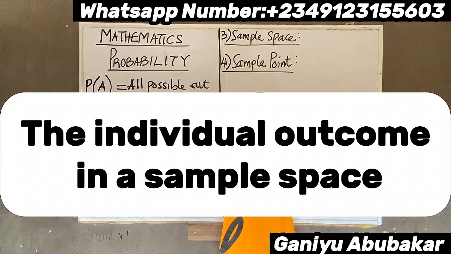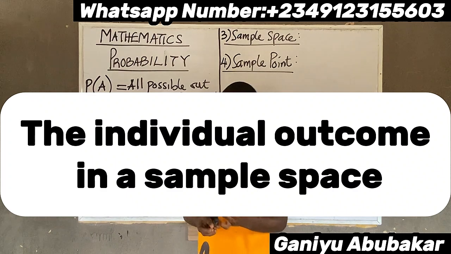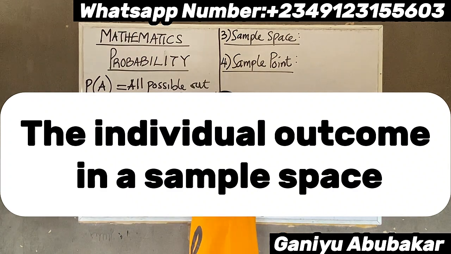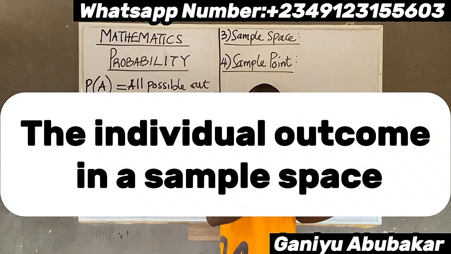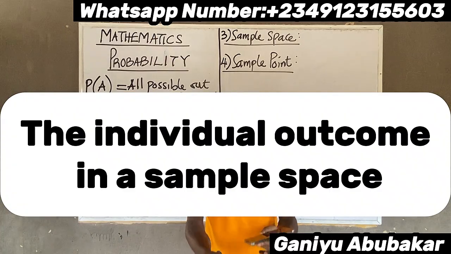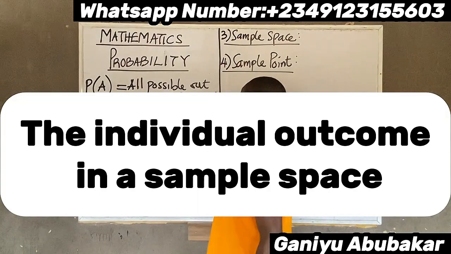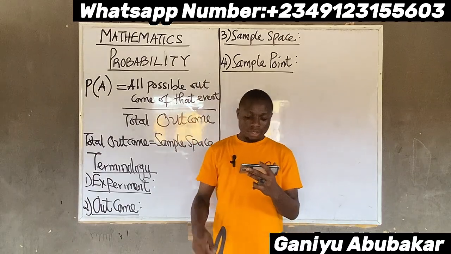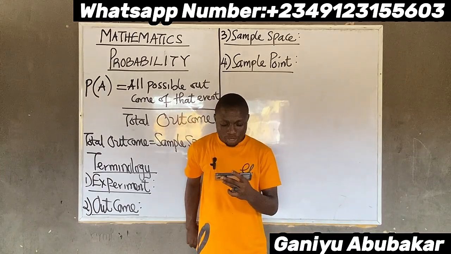The individual outcome in a sample space. A sample point is simply the individual outcome in a sample space. That is what we call a sample point.